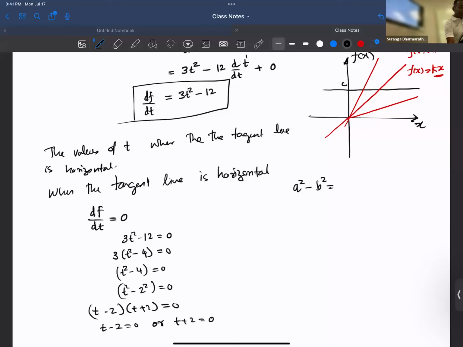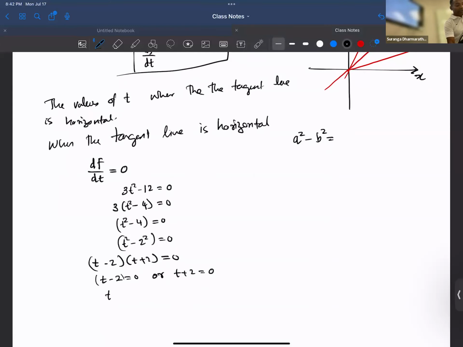If the product of those two terms equals 0, then either T minus 2 is 0 or T plus 2 is 0. So T is equal to 2 or T is equal to negative 2, and at those values the tangent line to the function is horizontal.